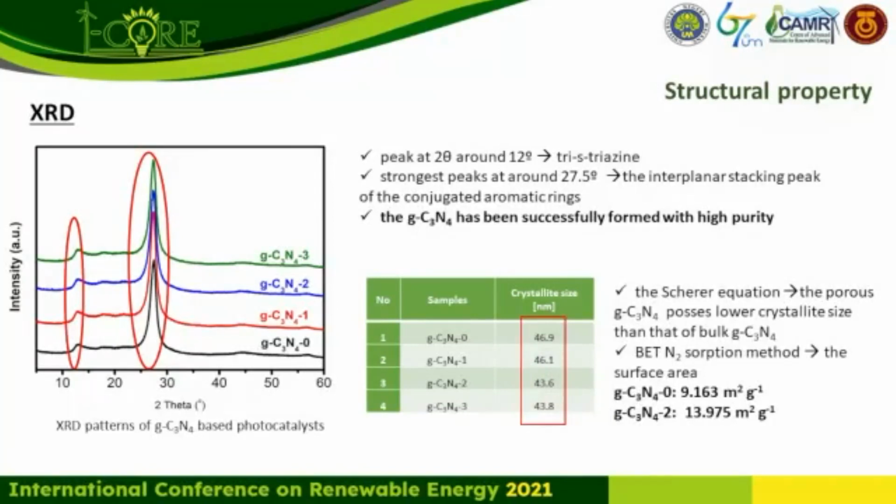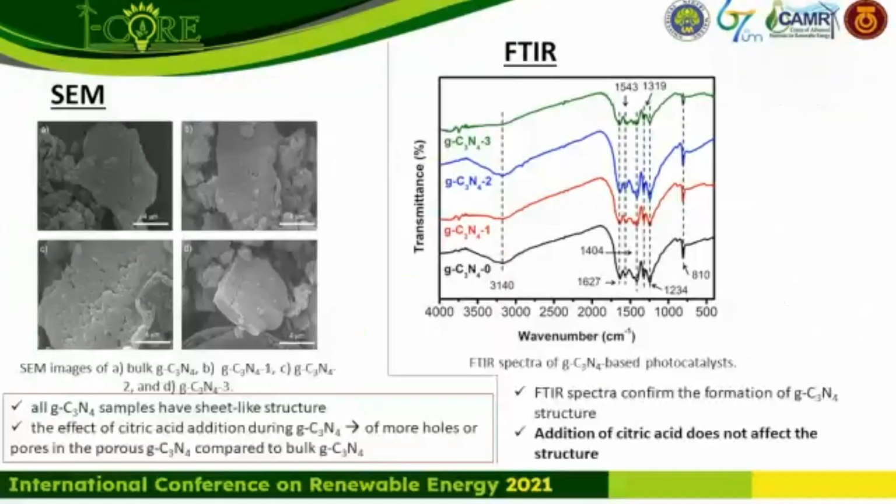By the Scherrer equation, the porous graphitic carbon nitride has a lower crystallite size than that of bulk graphitic carbon nitride, and then the BET nitrogen adsorption method showed the surface area in this slide. SEM. All graphitic carbon nitride samples have a sheet structure.